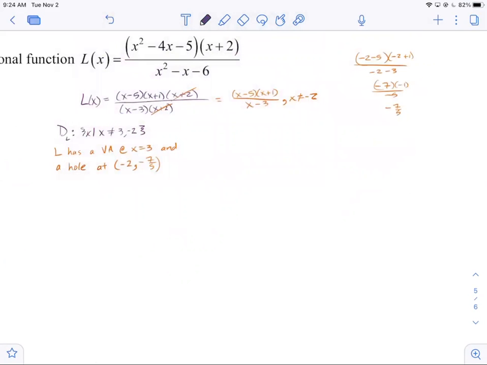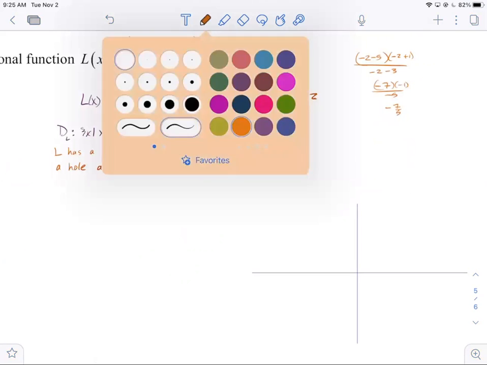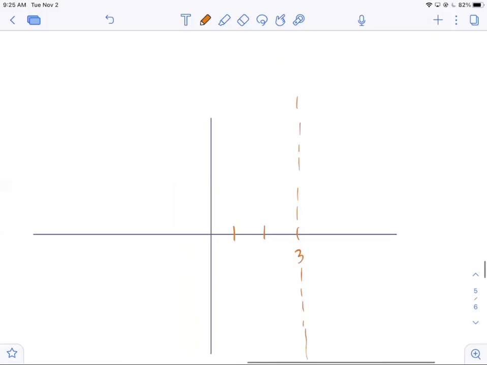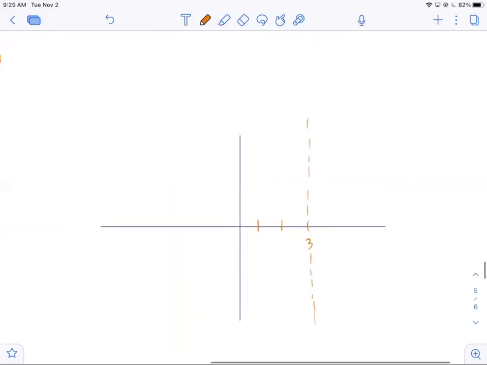All right. I'm going to go ahead and start my little sketch over here off to the side. I have two things that I can plot. The vertical asymptote at 3. 1, 2, 3. There you go. And then the hole at -2, -7/5.